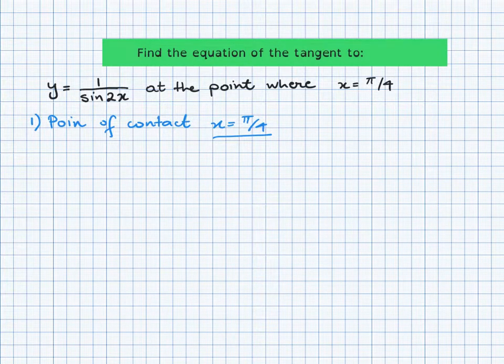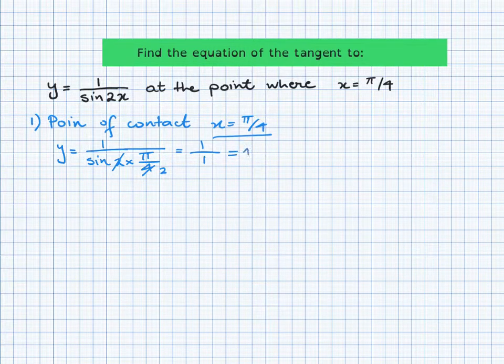For y equals 1 over sin of 2 times pi over 4, we can cancel out 2 and 4, which gives us 2. And 1 over sin of pi over 2 is equal to 1. You can use the unit circle or a calculator, but sin of pi over 2 is equal to 1.